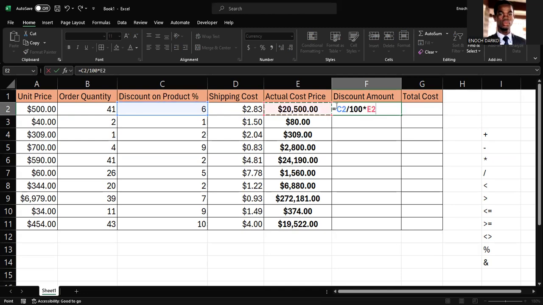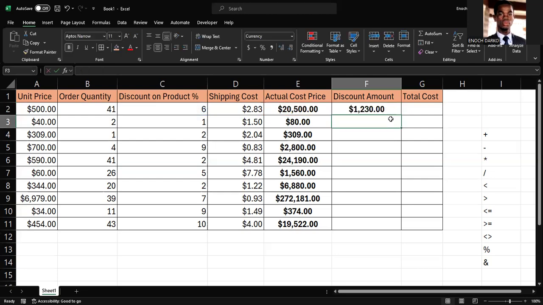So this expression, 6 over 100, means 6%, and the multiplication sign means the "of". So 6% of the 20,500. When I press enter, it means that you are getting a discount of 1,230 for this particular product.